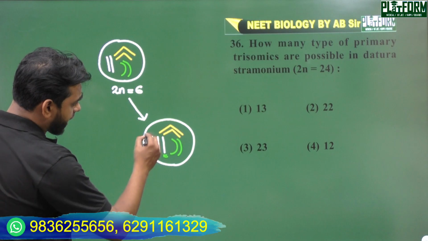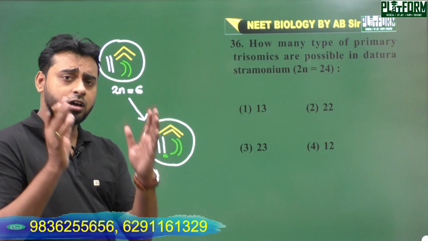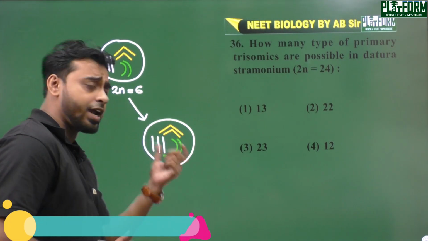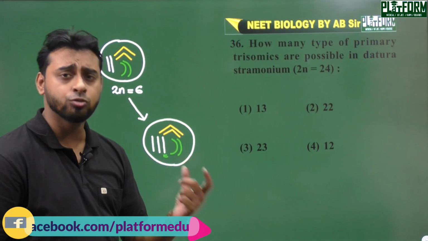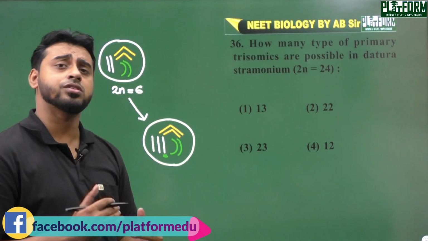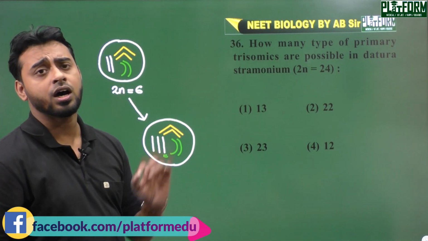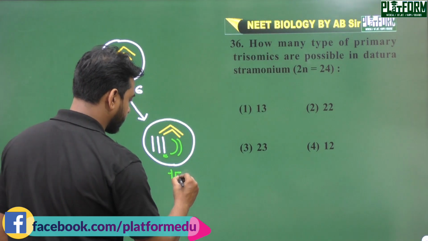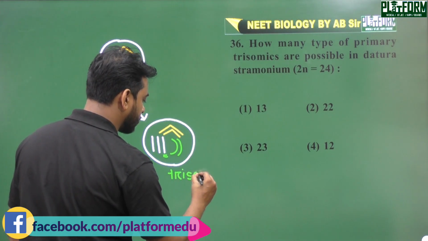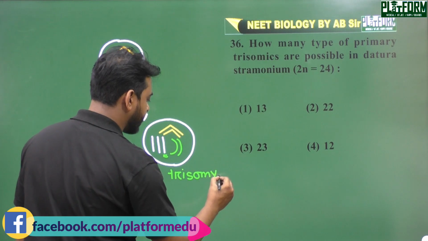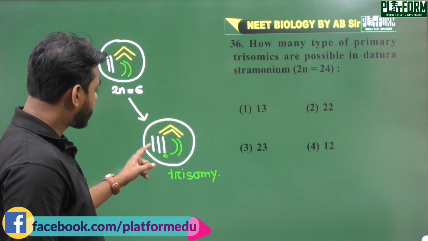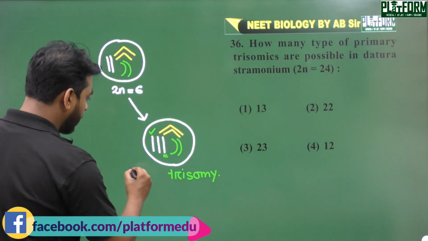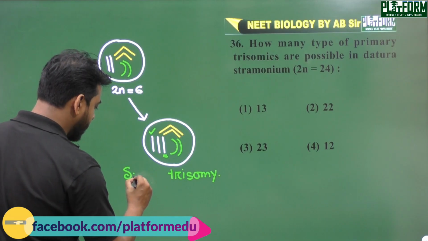As a result, 3 chromosomes are situated together, and this set of chromosomes is known as a trisome, and the condition which results in the formation of the trisome is known as trisomy. Here the trisomy is observed in only one set, so it is known as a single trisomy.